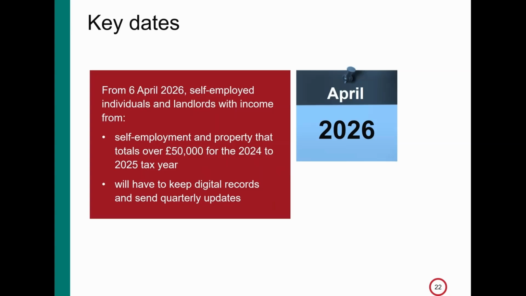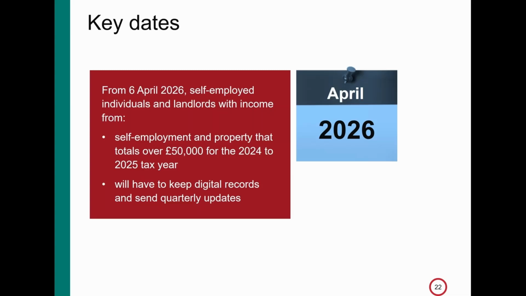From 6th of April 2026, self-employed individuals and landlords with income from self-employment and property that totals over £50,000 for the 2024 to 2025 tax year will have to keep digital records and send quarterly updates to HMRC using compatible software. This will be for the 2026 to 2027 tax return onwards.